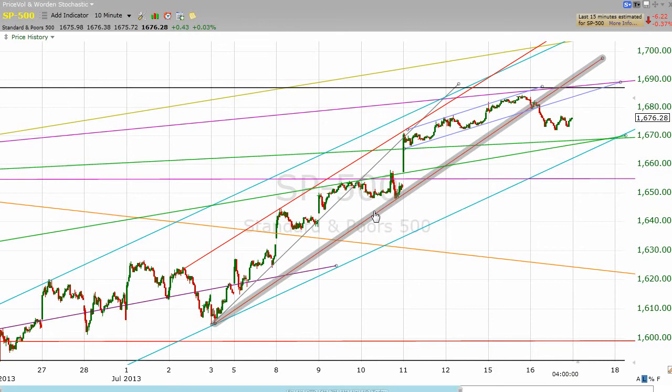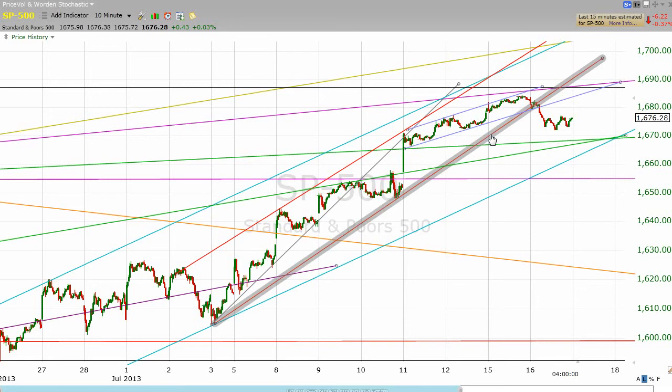Yesterday, we pointed out that we are looking at 3 channels. Well, before today, we were looking at 3 channels simultaneously. We were looking at this larger teal channel, which we are still in, by the way. Then we were looking at this medium-sized red channel that broke down today. And we were looking at this short-term blue channel that broke down at roughly the same time as the breaking of this channel.